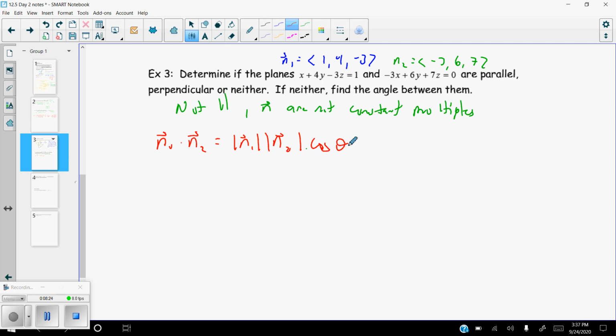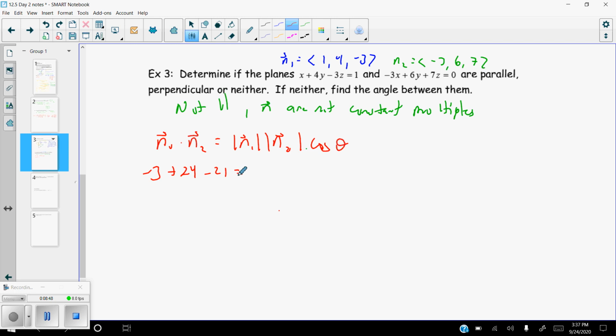And to be perpendicular, we know that the dot product has to be 0. So let's check to see if the dot product is 0. If we do n1 dot n2, you're going to get negative 3 plus 24 minus 21. Lo and behold, that is going to equal 0.